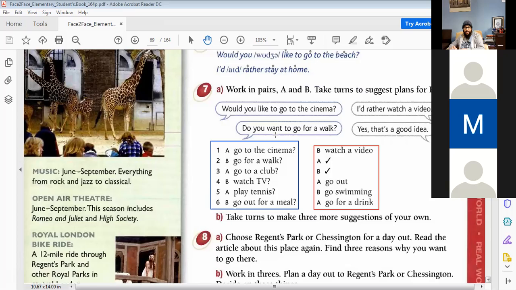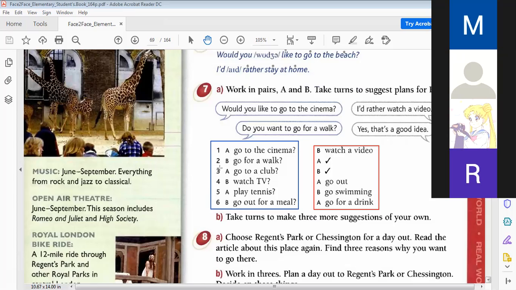I'd rather play tennis. Okay. Would you like to go out for a meal? Yes, that's a good idea. Okay. That's nice. That's a good example. All right, let's see someone else.